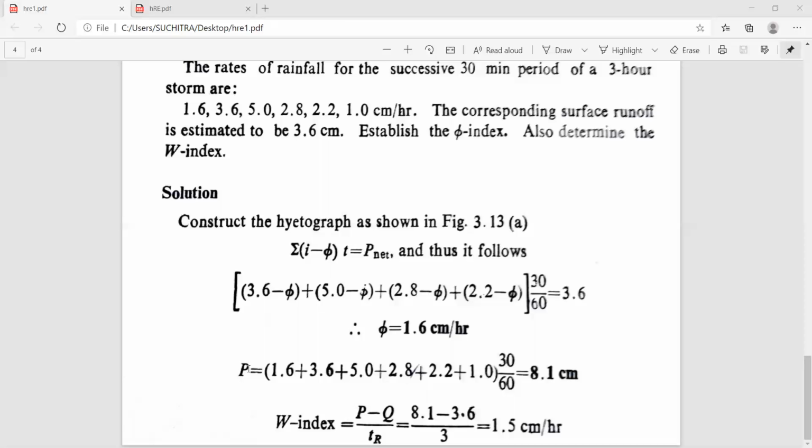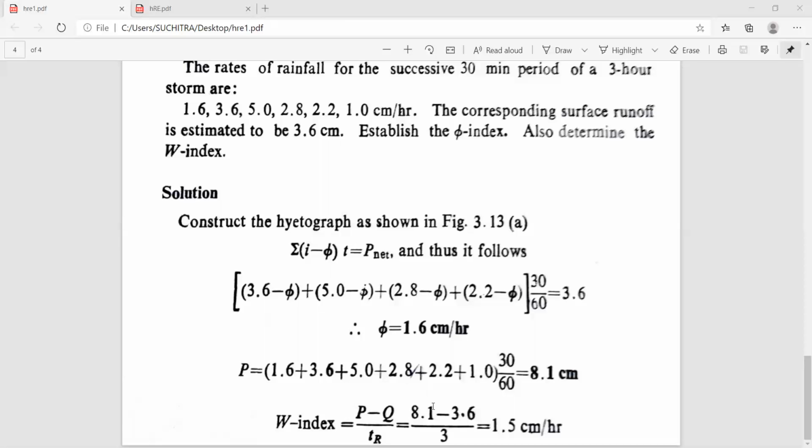Now, you calculate the total rainfall in that particular time period. You sum all the intensities of rainfall, in centimeters per hour, multiplied by the time period. So you get the total rainfall as 8.1 centimeters. Now the W index. The W index is always less than the phi index value because here the losses are taken into consideration.